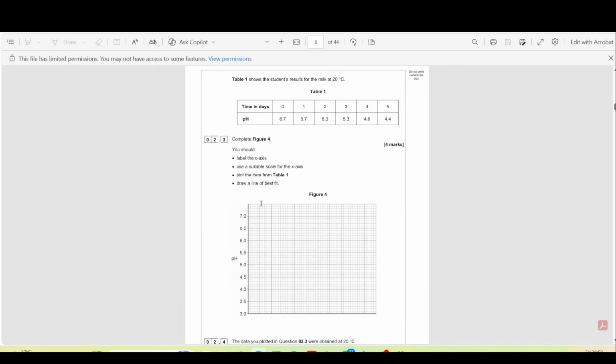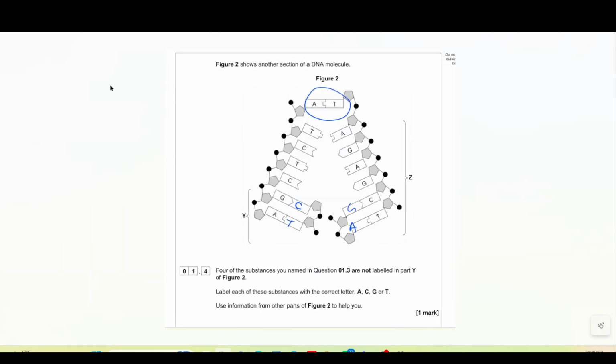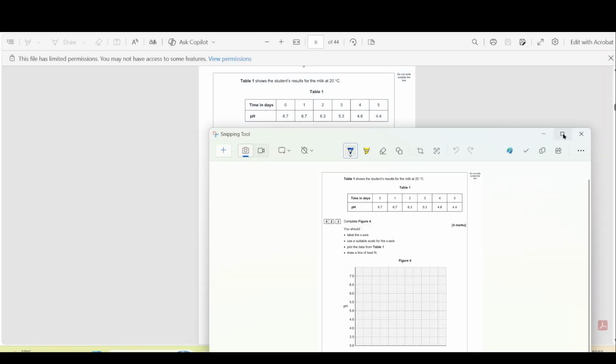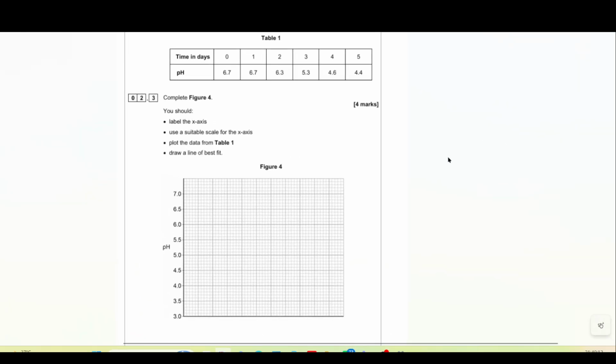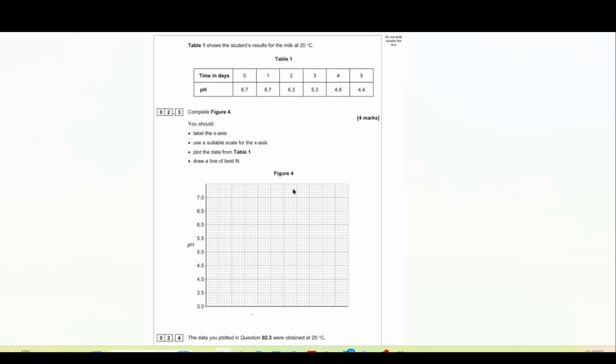Table 1 shows the results. Plot them. So the pH, and then you've got time in days. So you have to go 1, 2, 3, 4, 5, and 0 here.